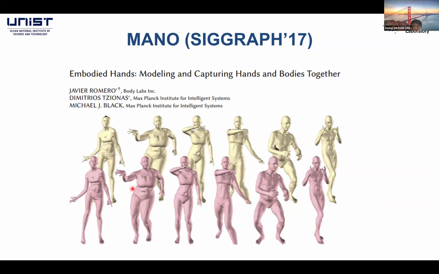For one of these rows, it shows the result fitted via SMPL, and the other one is MANO, SMPL plus MANO. So they initially wanted to achieve hand-body fitting together by attaching the MANO model to the SMPL.